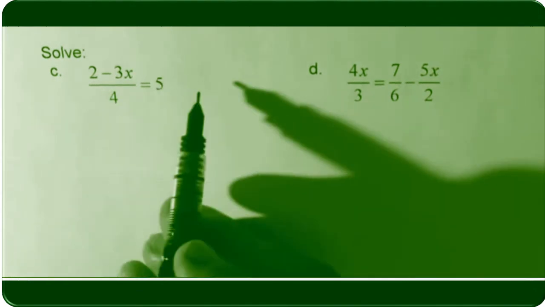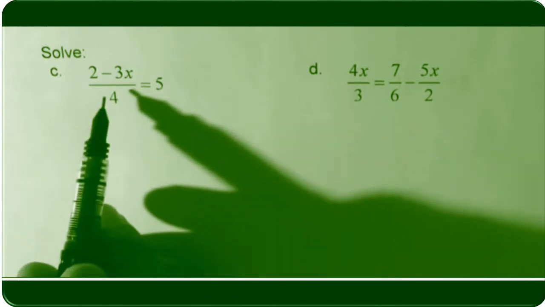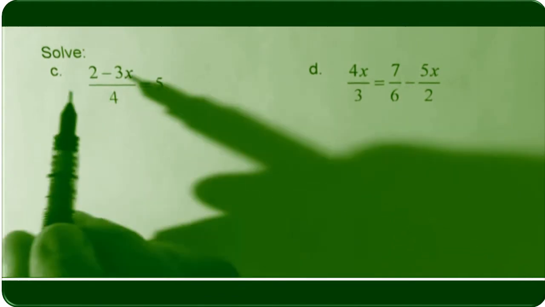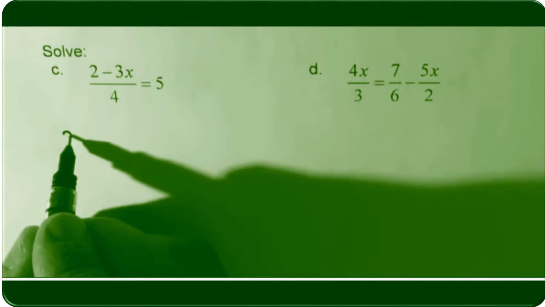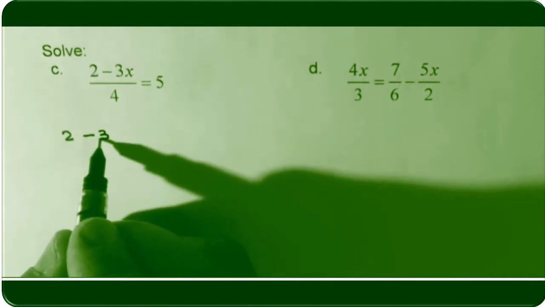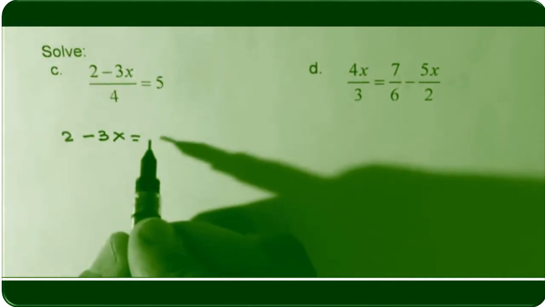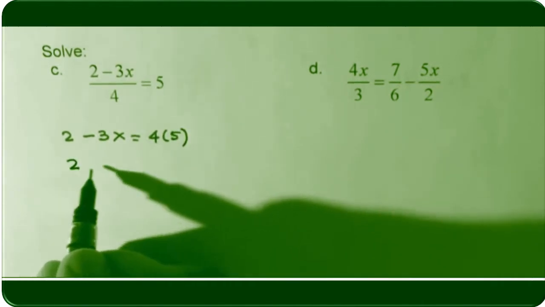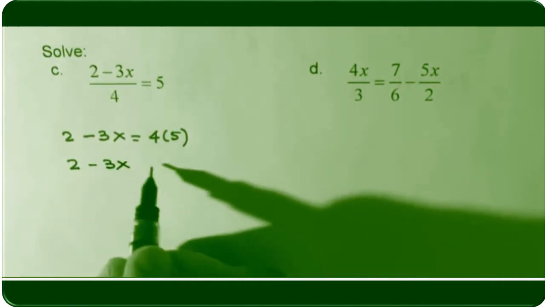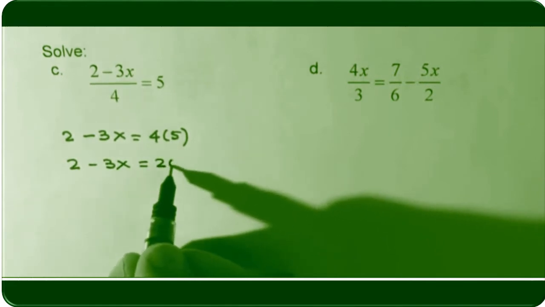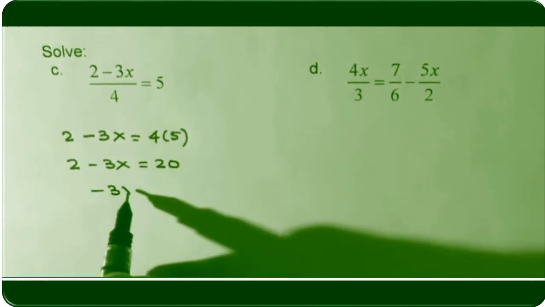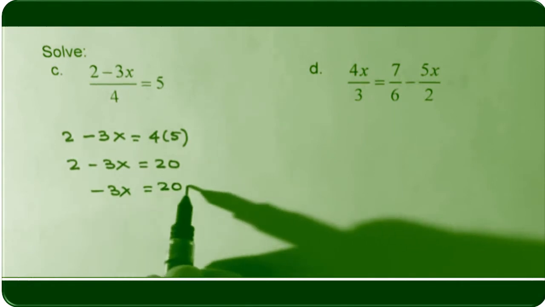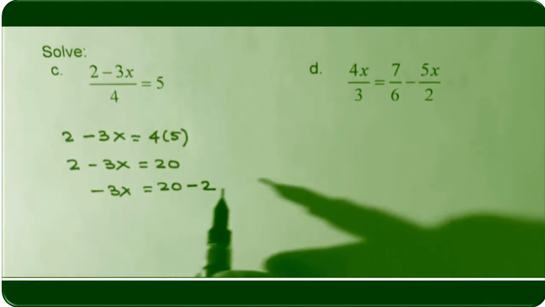Now here we will apply both the techniques. This one, I think, you can do easily now. We can write this as 2 minus 3x equals 4 times 5. So we have 2 minus 3x equals 20, so minus 3x equals 20 minus 2.